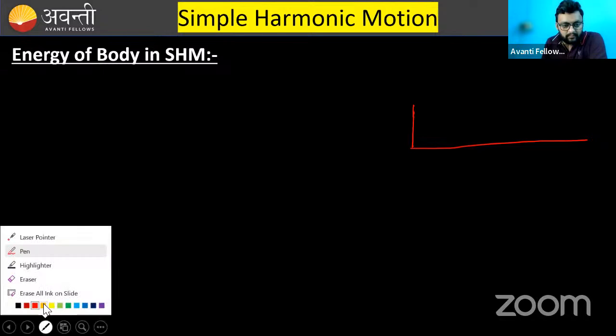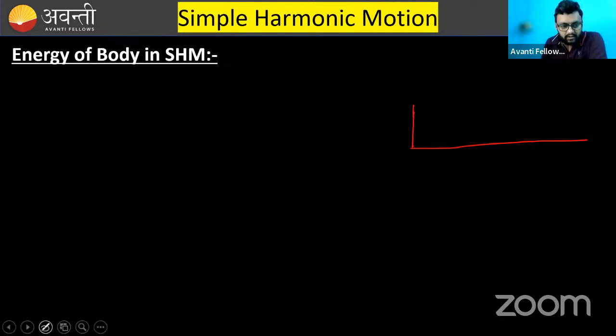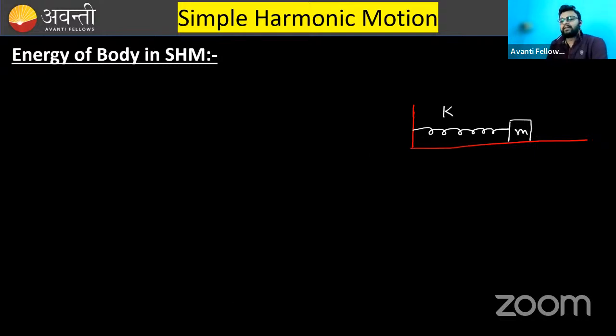Which body? Let's take a body like this, a spring mass system. The mass of the block is m, the spring constant is k, and the surface is smooth. It is executing SHM.